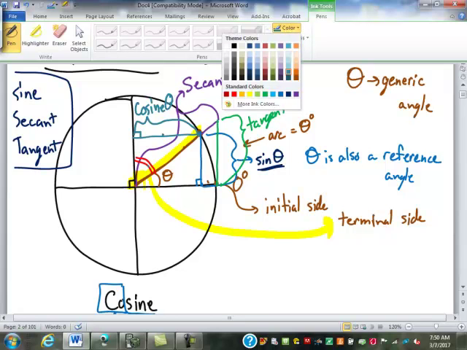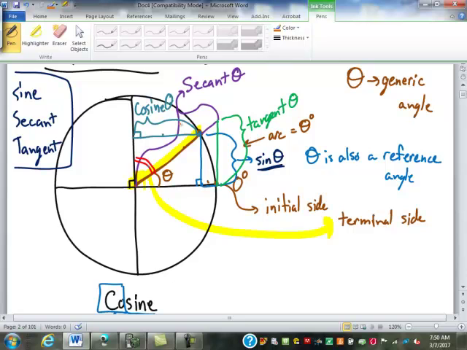Now, most of the time, rather than looking at the cosine being up there, we look at the cosine down here. The reason we can look at the cosine down there, of course, is this is a rectangle, and opposite sides of a rectangle are equal, so this side's going to be the same as this one down here.